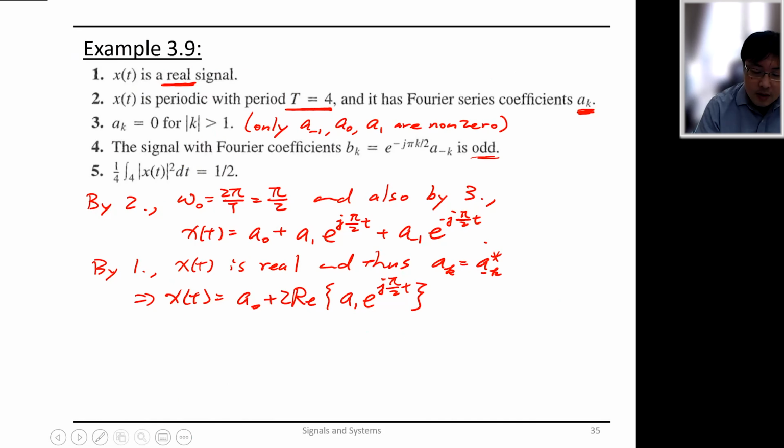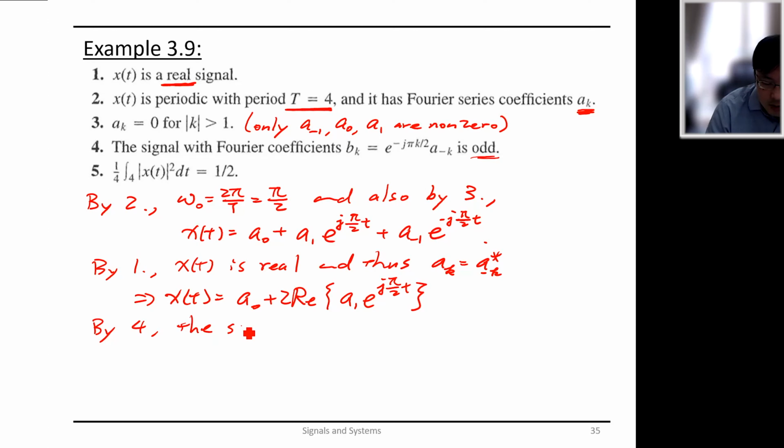And then e to the minus j pi k over 2 is a phase shift in the Fourier series coefficient, which corresponds to a shift in time of the original signal.